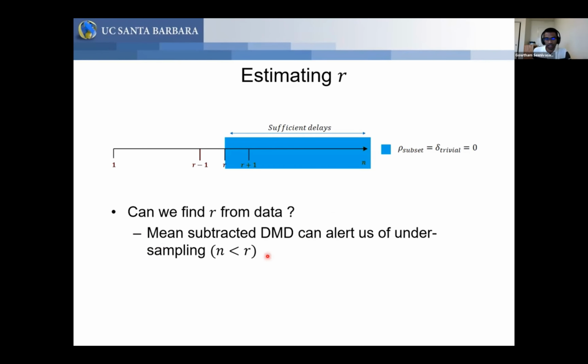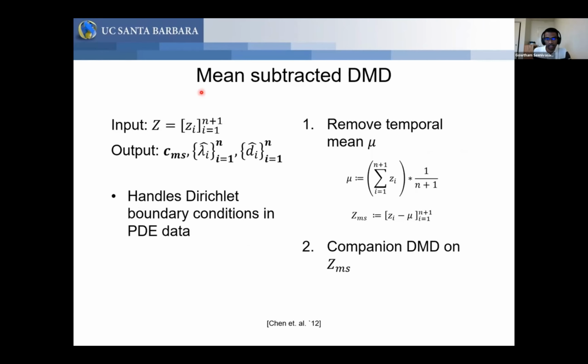To get into this, you first need to define what this means. And here's the algorithm. Mean subtracted DMD takes the same inputs as DMD, and outputs quantities that are structurally the same as what you'll get for DMD. You begin with a pre-processing step where you remove the average along the temporal direction from each column of Z, and you apply companion DMD to what's left.